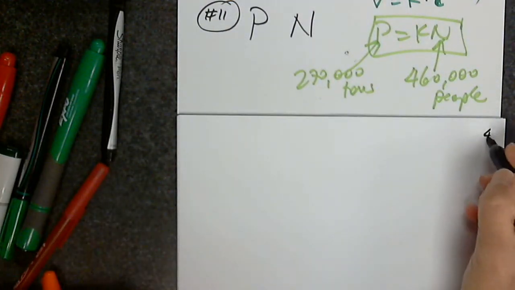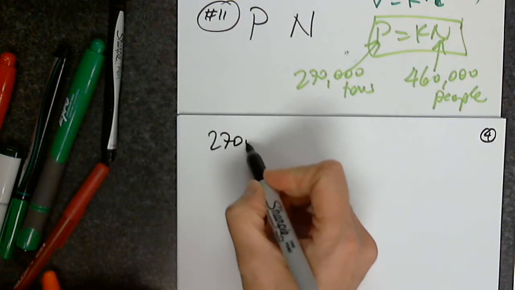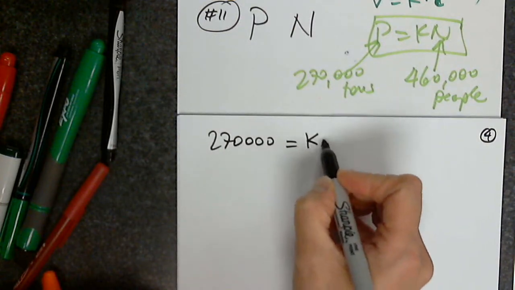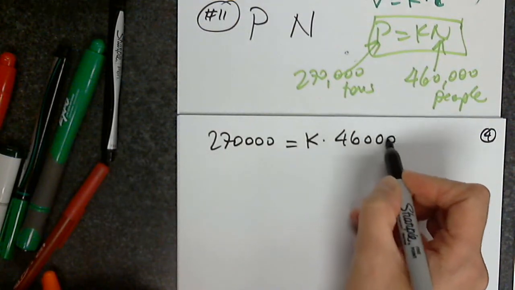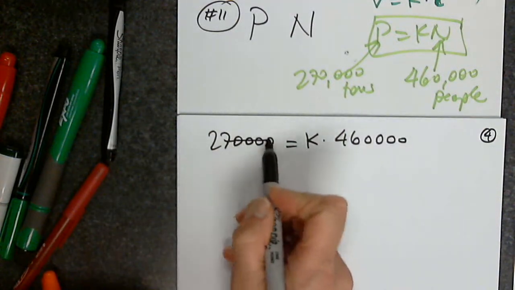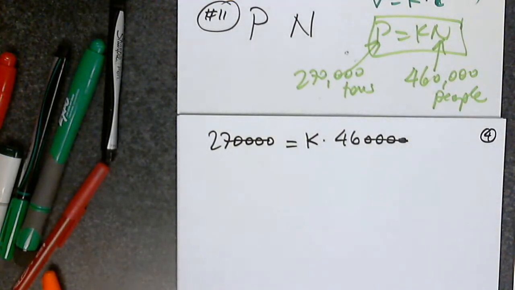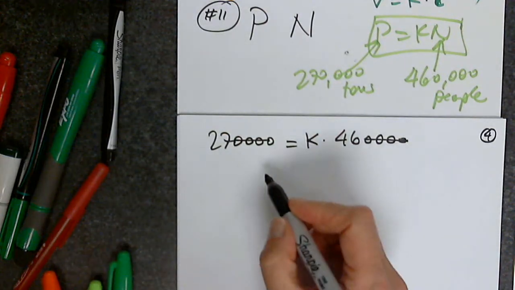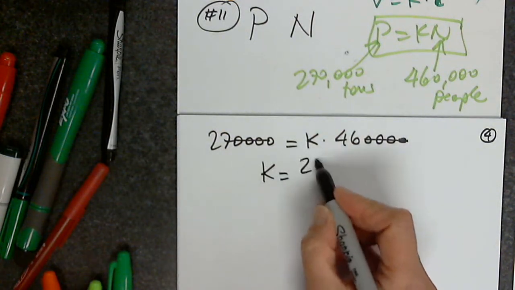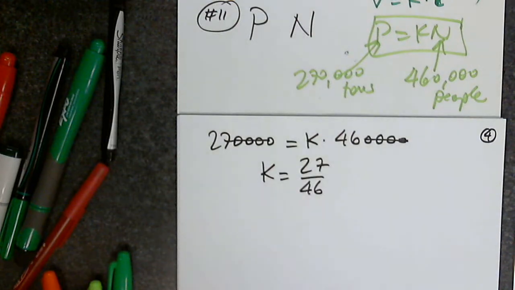So I will write 270,000 equals K multiplied by 460,000. Of course, I'm going to divide both sides by 10,000, and then divide both sides by 46. So the constant is this.